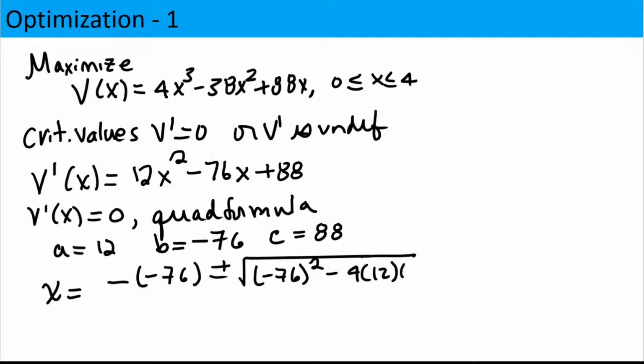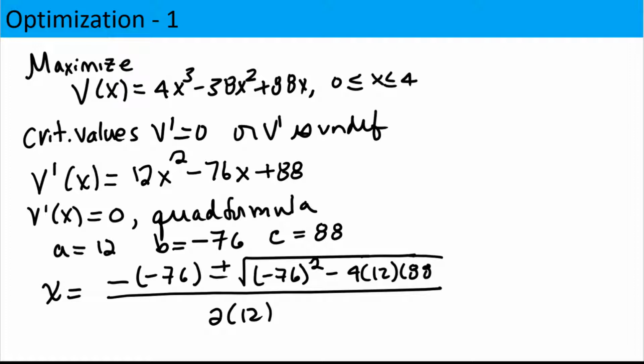A is 12, c is 88, and all of this is divided by 2a, so 2 times 12. Using a calculator and rounding to 3 decimal places, we get 2 possible values for x.